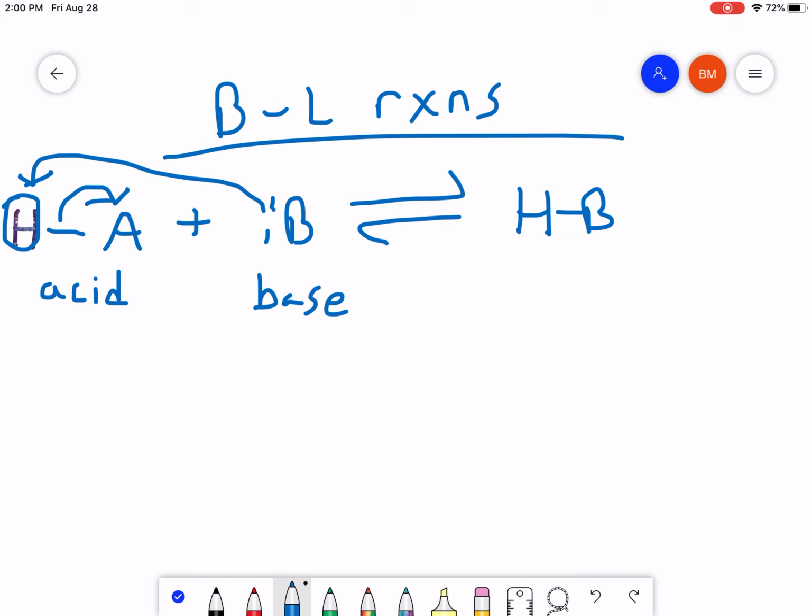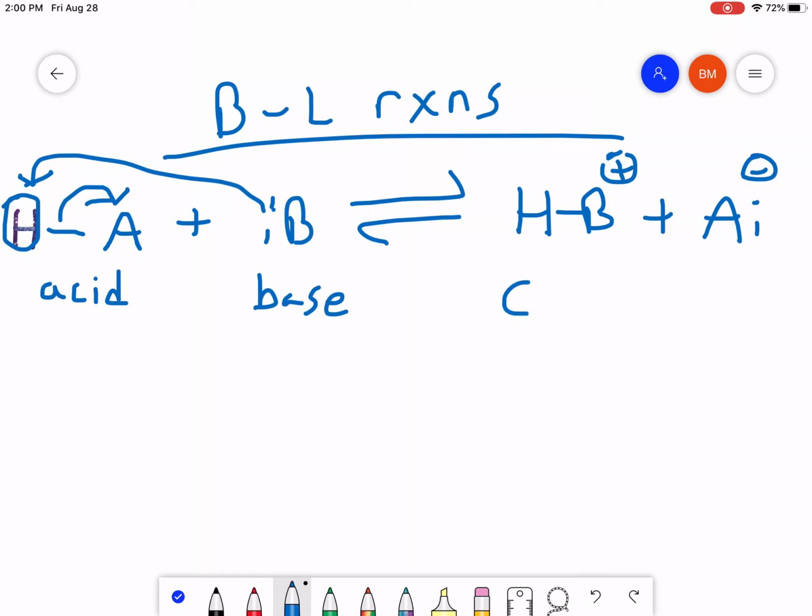And the B was neutral in this case. It gains a proton, so now it gets a positive charge. If it had been negative, it would have gone to a neutral charge. And then we have A minus left over from loss of the proton.